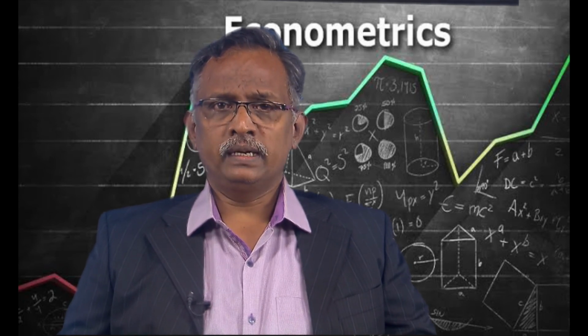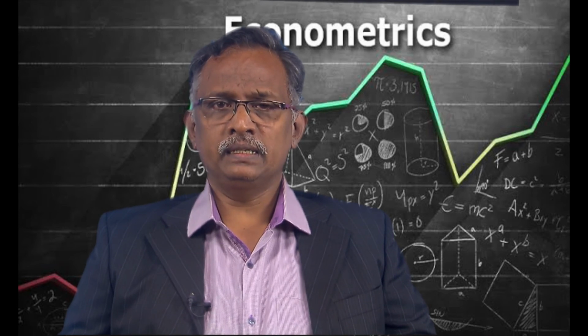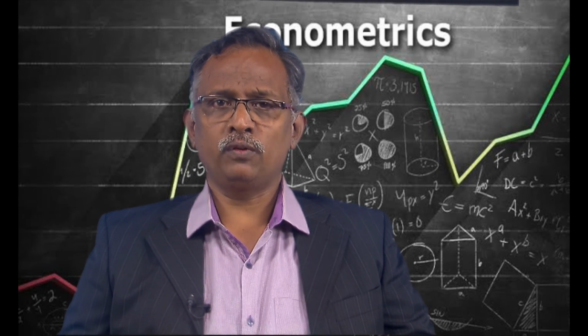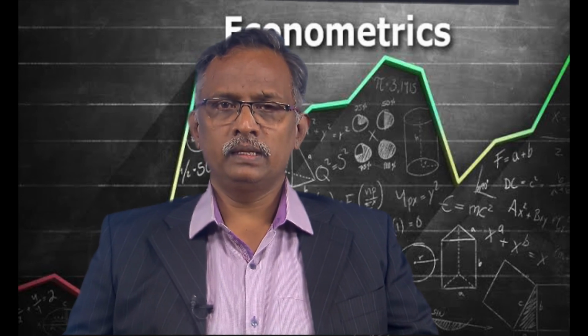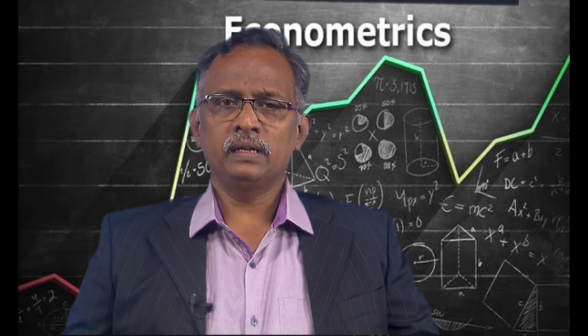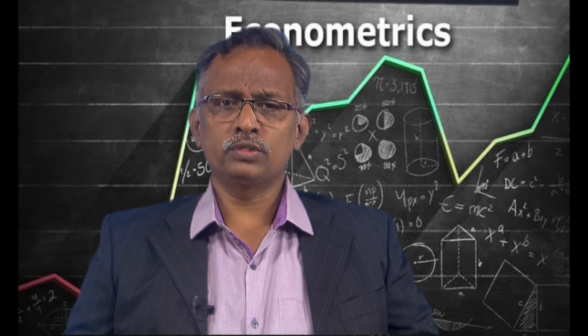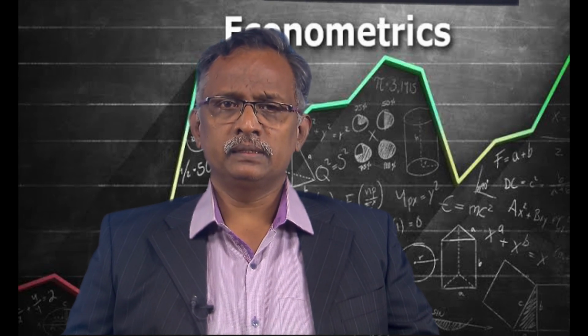So the quality and the characteristics of OLS estimators are most wanted, and they can be used for our practical purpose of estimating the parameters in the regression model. In the next classes, we will explain how the OLS estimators are used in the practical sense.